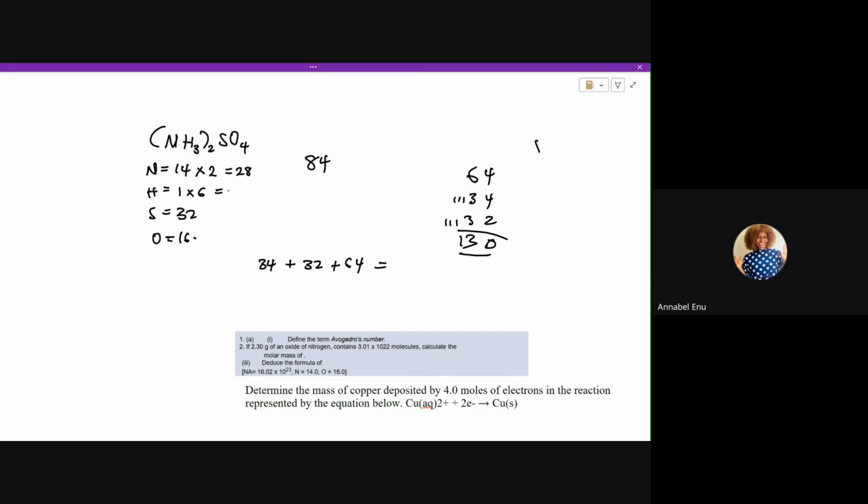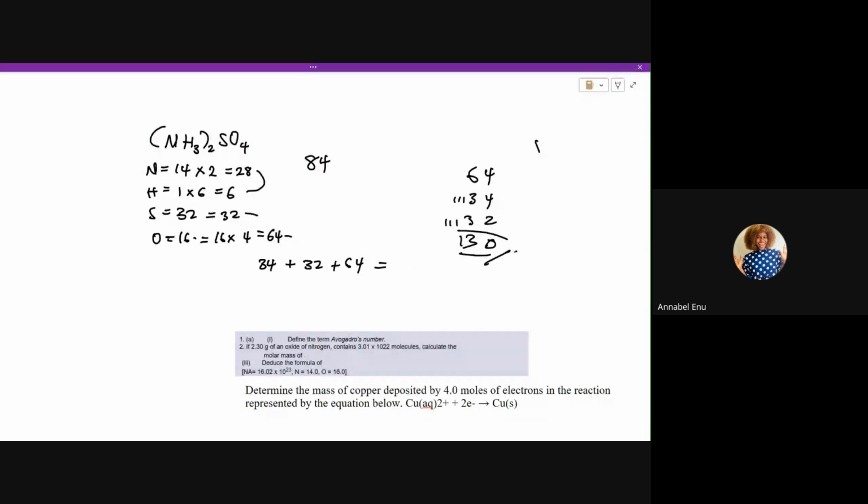Then our sulfur remains 32, and our oxygen is 16 times 4, which is going to give us 64. So when we add all of this together, it's also giving the same number like you got.